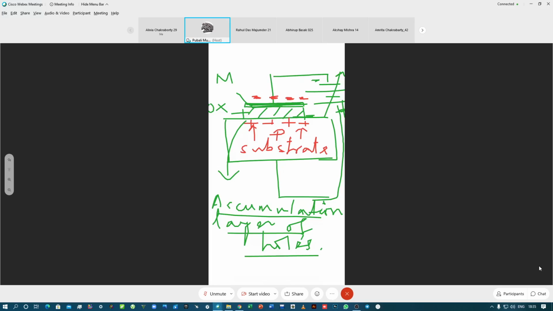Okay, fine. So for the energy band diagram, we would go in for the energy band diagram for the accumulation condition. I'm rubbing out the structure that we have here, and I'll be drawing the energy band diagram.